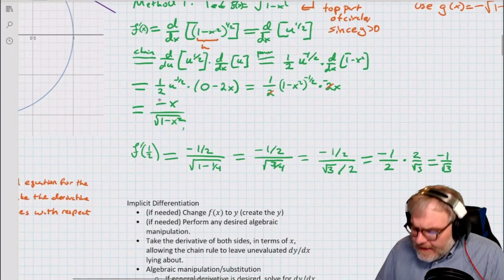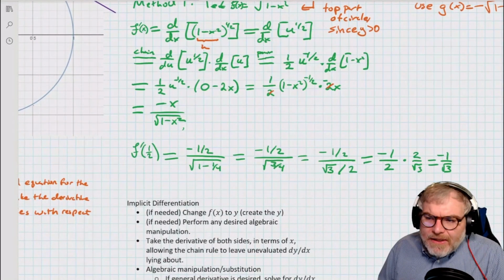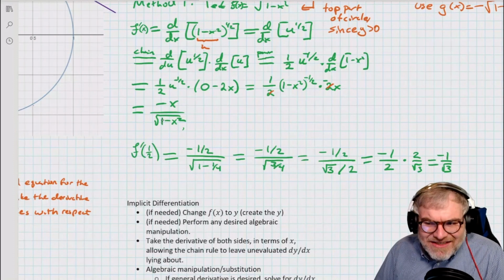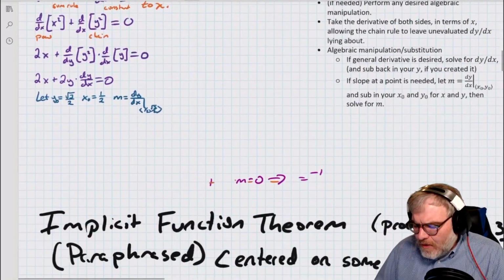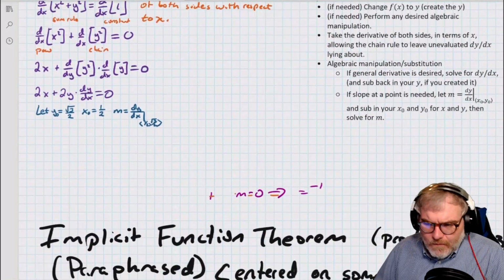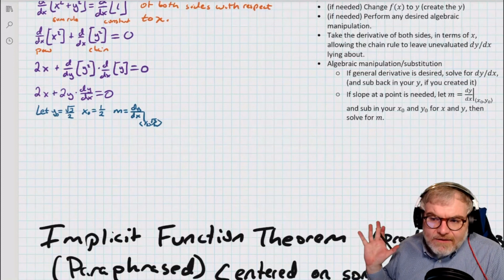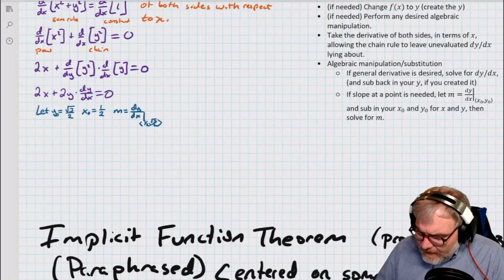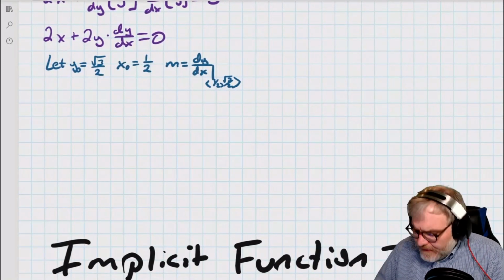Here, when I ended up solving, I wound up with just an equation with x's in it. But this thing could not handle y's that were negative. I'd have to recompute the derivative. This thing doesn't care where y is, as long as y is somewhere where a derivative would exist. It doesn't care. So I don't have to sit here and figure out what the function would be. I just derive it implicitly.